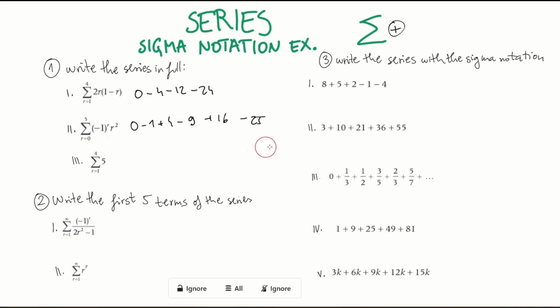We're now going to take a look at the third example, which is a bit different. We don't have any r's to substitute in, but we can actually do something.